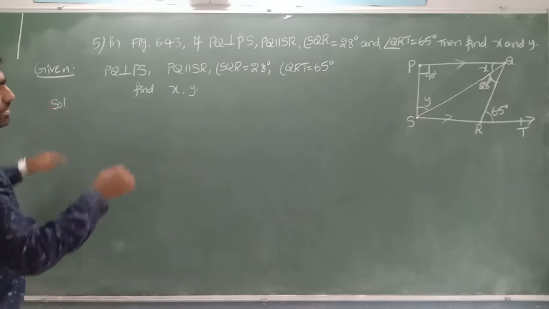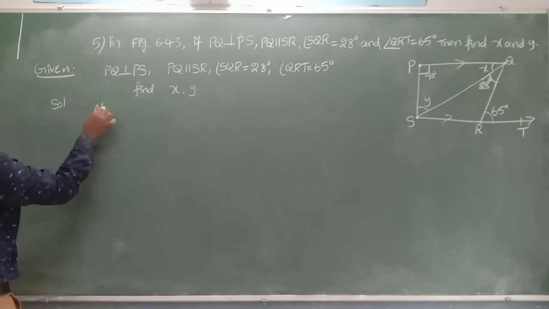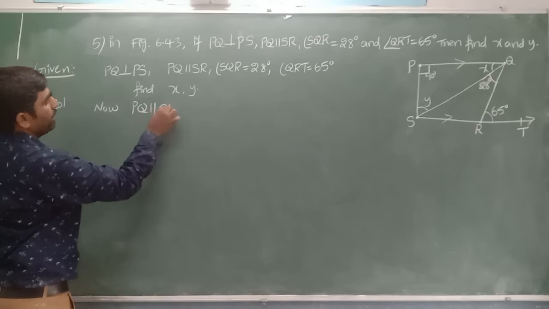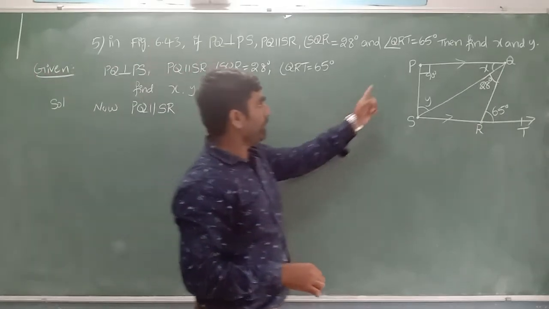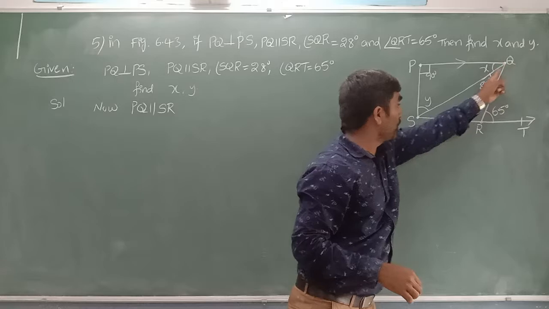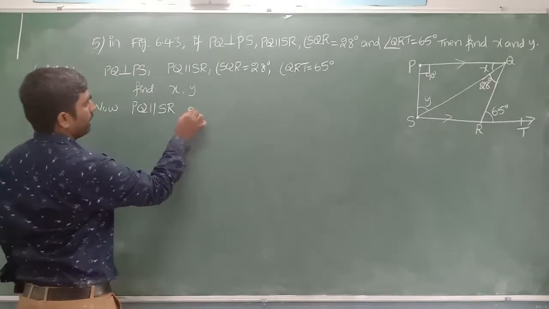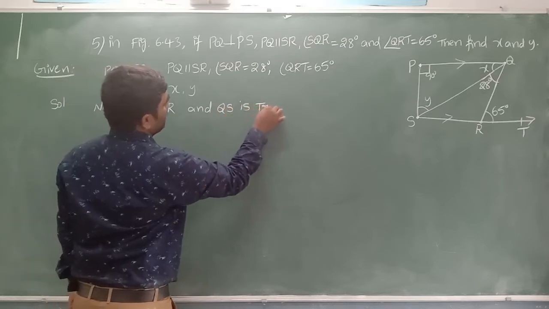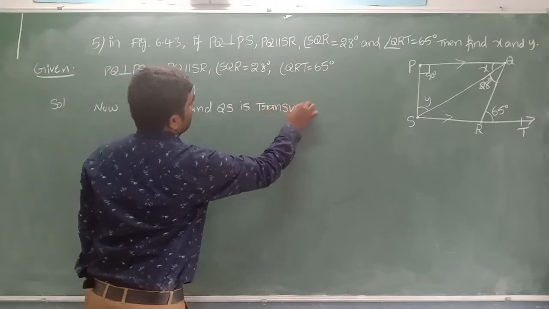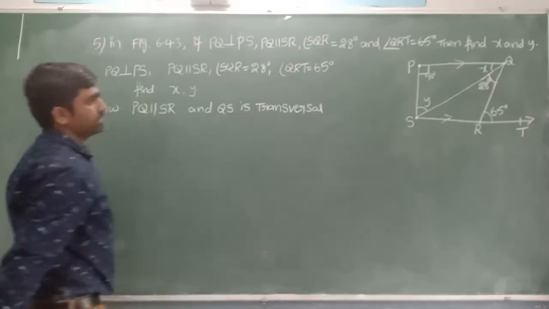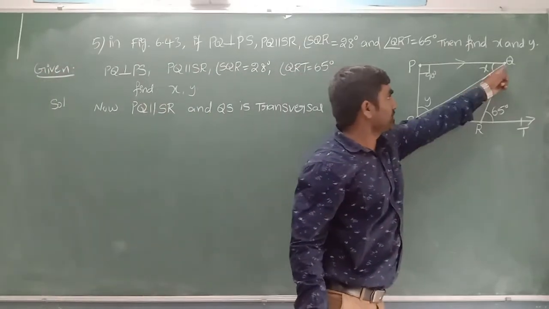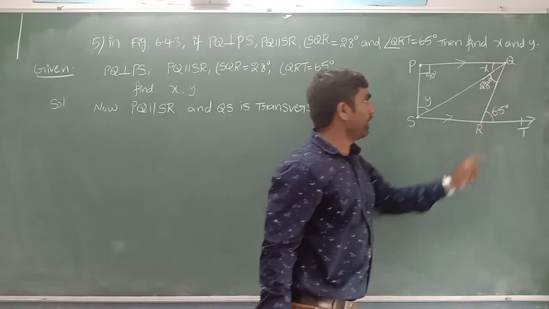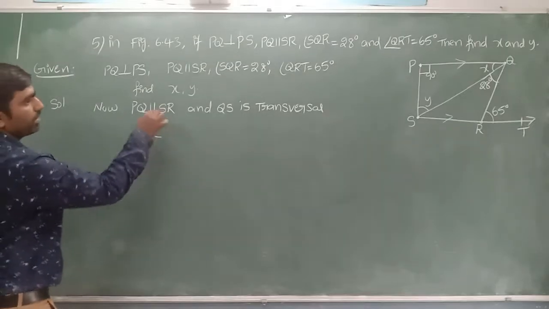To find x, take PQ parallel to SR, and QS is a transversal. Then I can write angle PQS is equal to angle QSR. What is the reason?